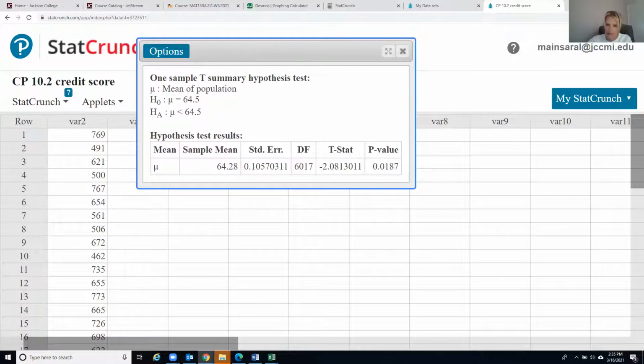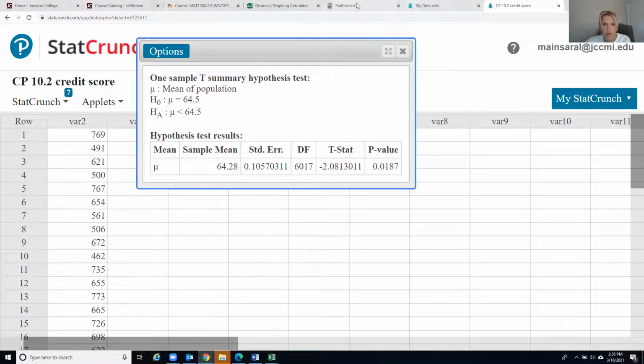And there's our T statistic, so go ahead and write those down. And we will go to our paper here. Our test statistic is negative 2.08, and our p-value is 0.0187.